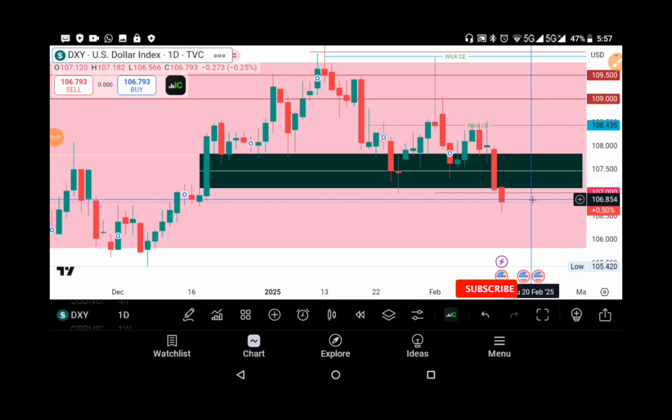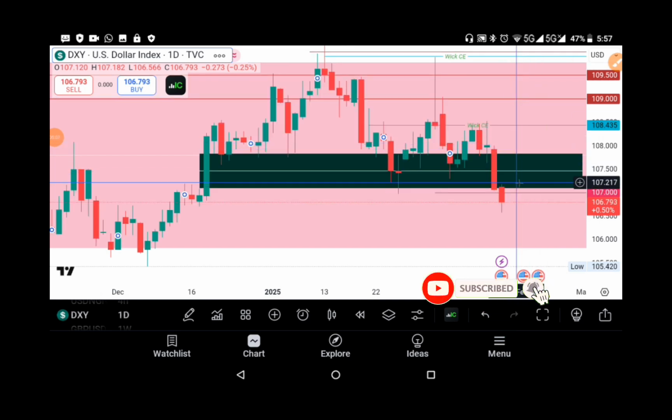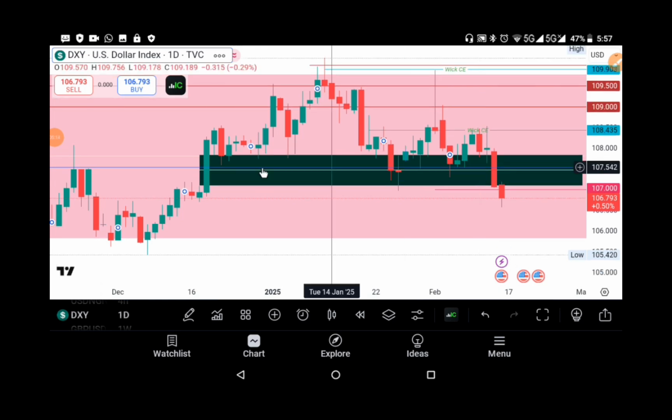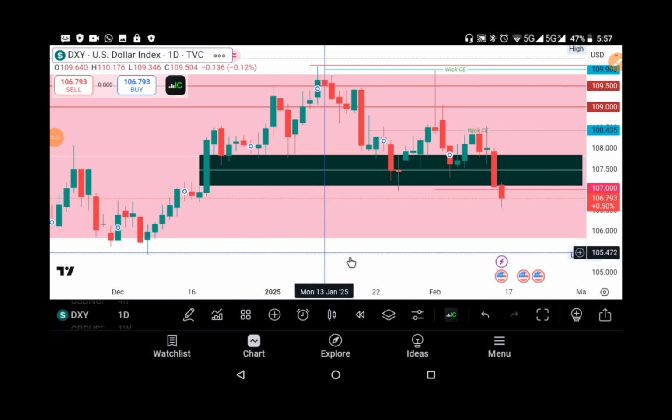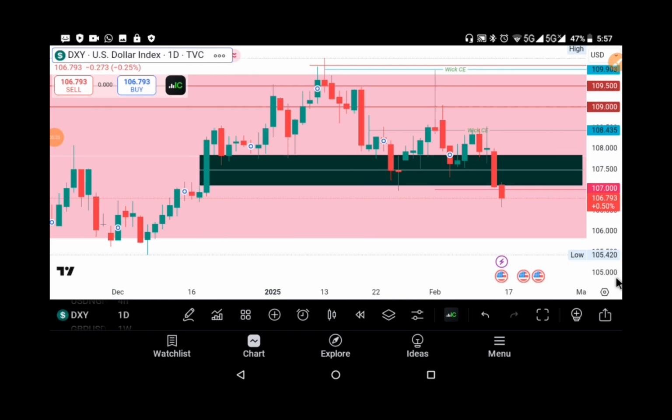I should be able to see the midpoint of the consequent encroachment of this FVG serve as a resistance to the price that will send us into at least the lowest hanging fruit, which should be 106.5, and we should see movement into 106 big figure.